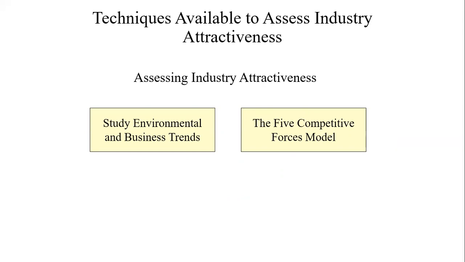In assessing industry attractiveness, two main strategies or techniques can be employed. And these are, one, by studying environmental and business trends, which I think we covered in lecture 2 or 3. And two, the 5 competitive forces by Michael Porter. So we'll be looking at them shortly, but let's take it one after the other.